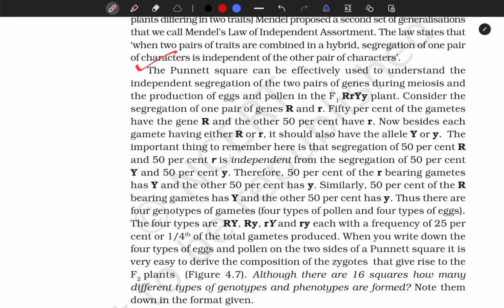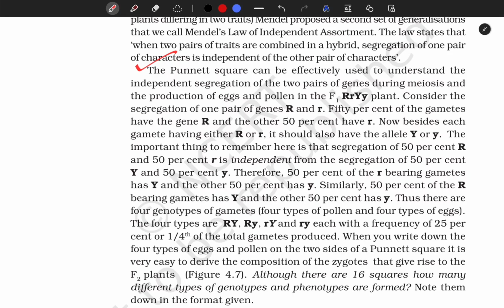Now, besides each gamete having either capital R or small r, it should also have the allele capital Y or small y. The important thing to remember here is that segregation of 50% capital R and 50% small r is independent from the segregation of 50% capital Y and 50% small y. Therefore, 50% of the small r bearing gametes has capital Y and the other 50% has small y.